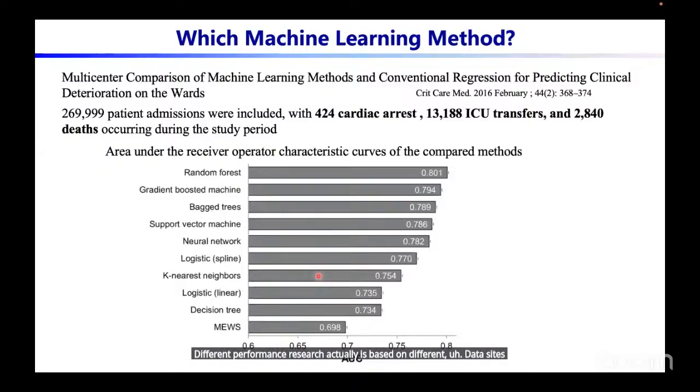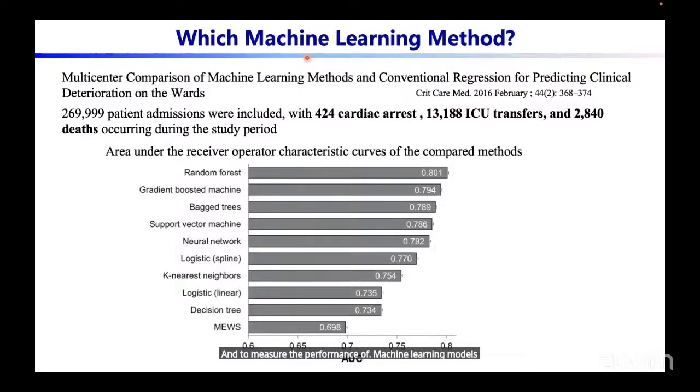So here is an example of medical data sets. They use, for instance, cardiac arrest, ICU, and this kind of death data, and use these data sets to develop and to measure the performance of machine learning models.